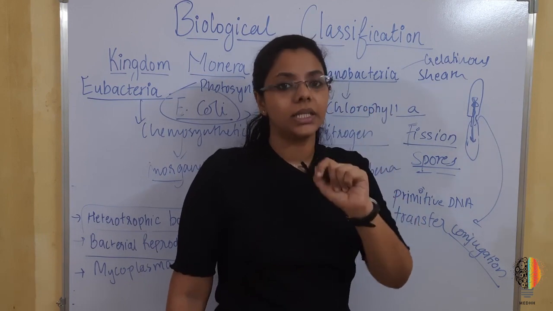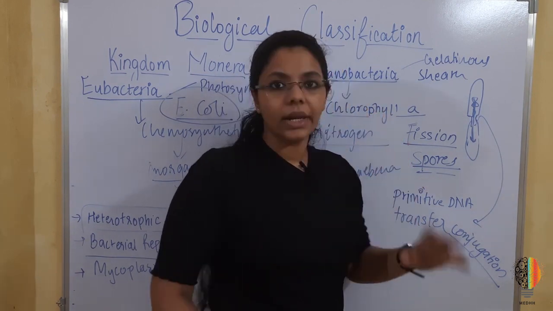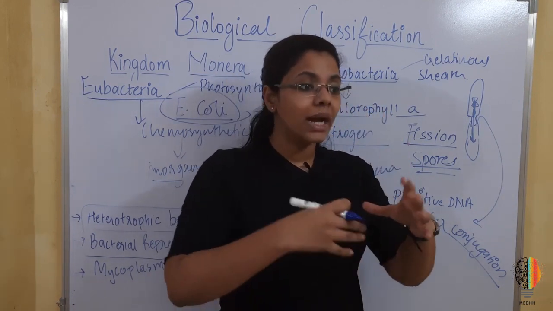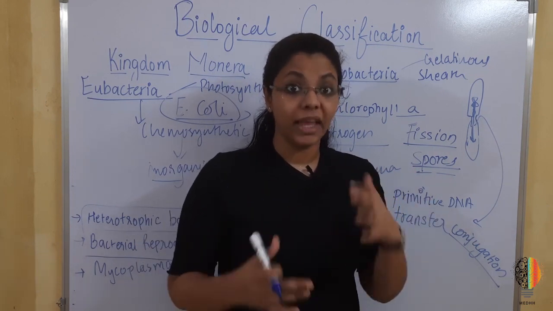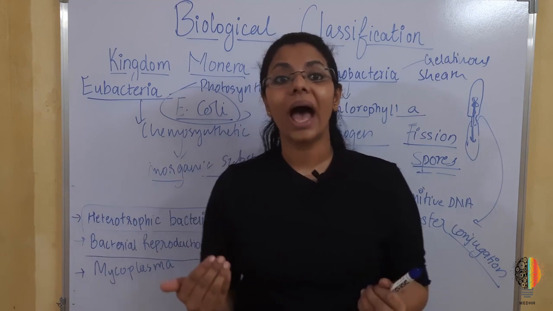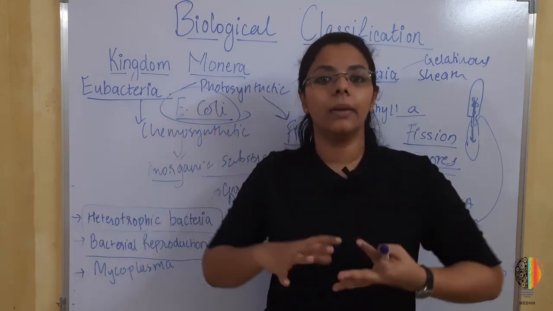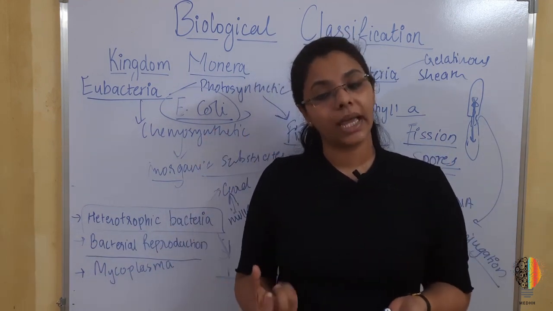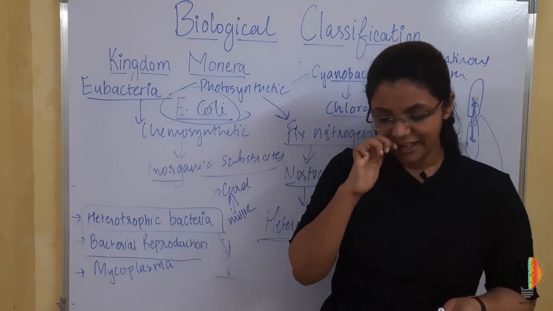You need to understand, students, that microorganisms have to divide rapidly, especially the pathogenic ones. They can't afford to have many regulatory mechanisms. What do you mean by regulatory mechanism? Let me give you an example.